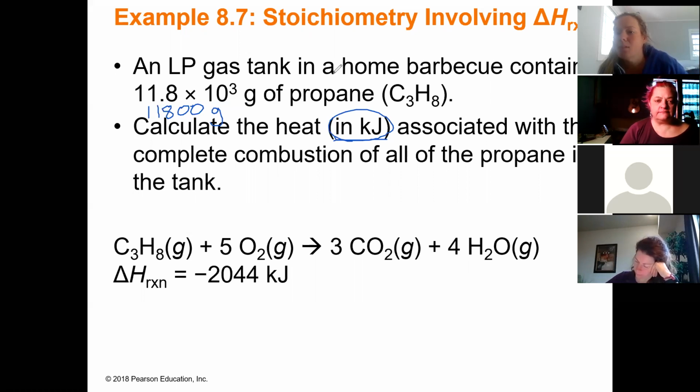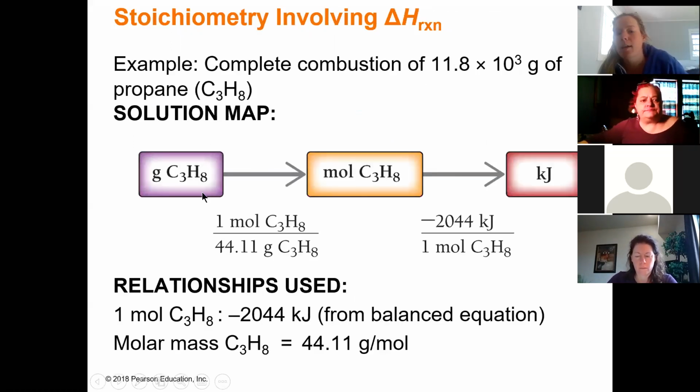Well, our middle step is going to be the mole, right? So we want to go from grams of the propane into moles of the propane. And then from moles of the propane, we can hop into our kilojoules. How do we get from grams to moles? Molar mass. How do we get from moles of propane into kilojoules?